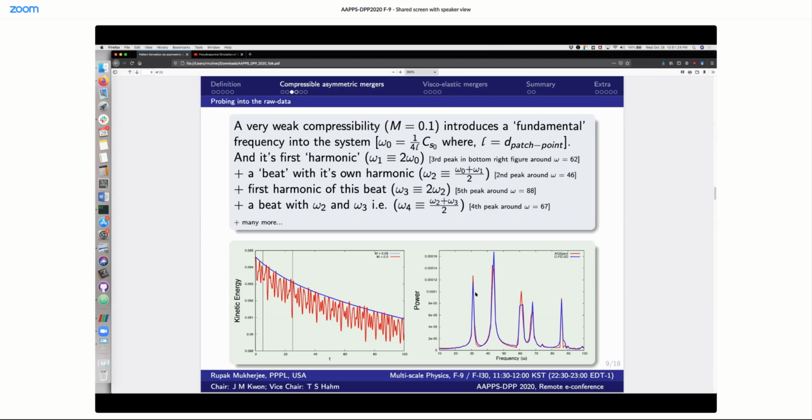This will be the beat of these two, and this will be the harmonic of the beat. And the fourth peak will be the beat of this beat and the beat's harmonic. So these are the main frequencies present in the system.